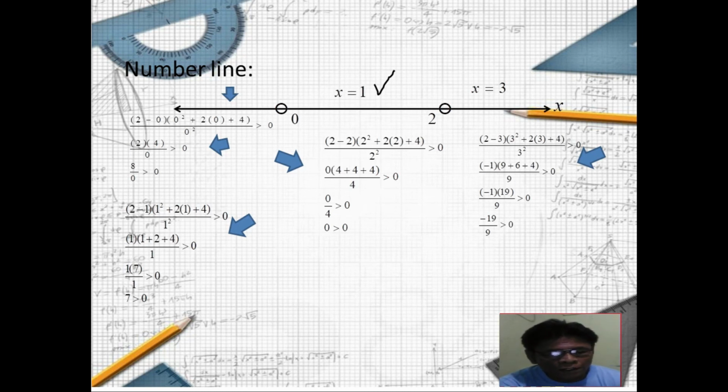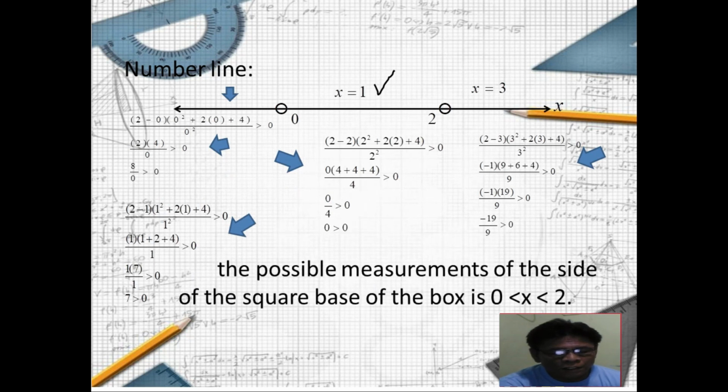So there is no solution in this part. Okay, so our possible measurements of the square base of the box are 0 less than x less than 2.